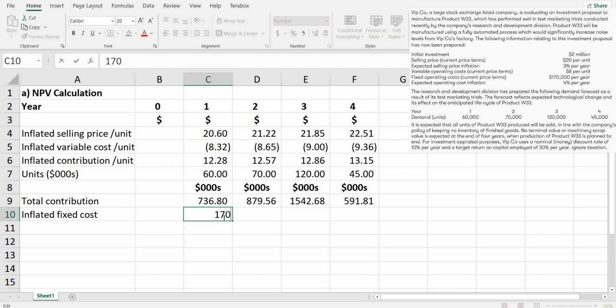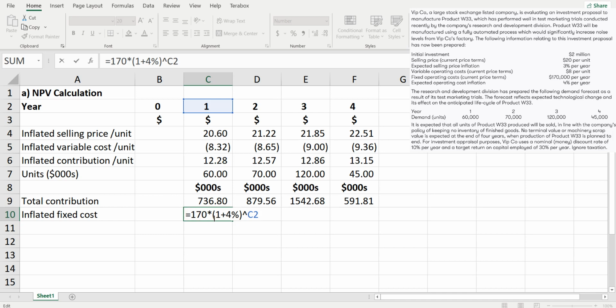Also we have to inflate it, so equals 170 into 1 plus 4% to the power 1.